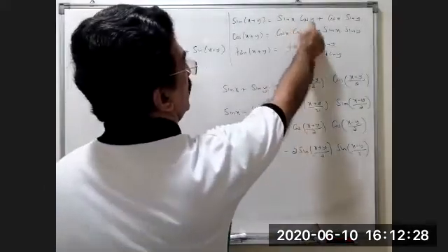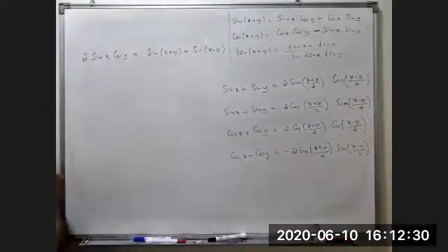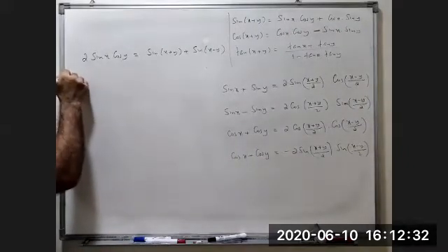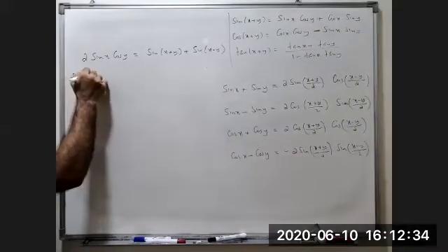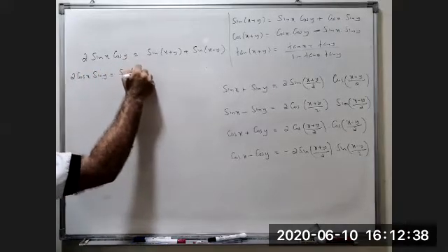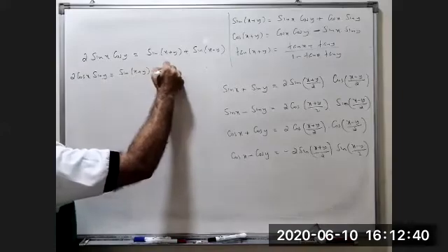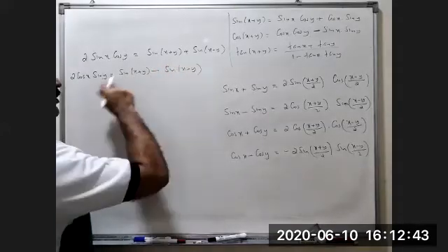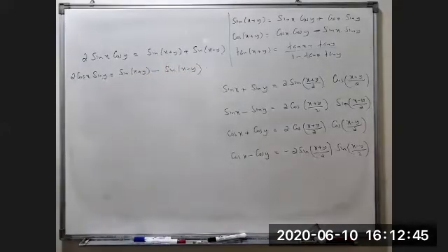That is 2 sin x cos y. Next is 2 cos x sin y. 2 cos x sin y will be sin x plus y minus sin x minus y, the difference of sines.